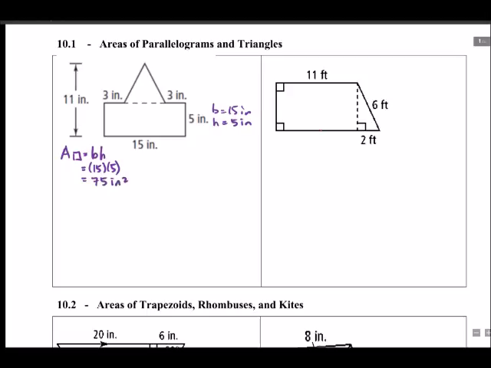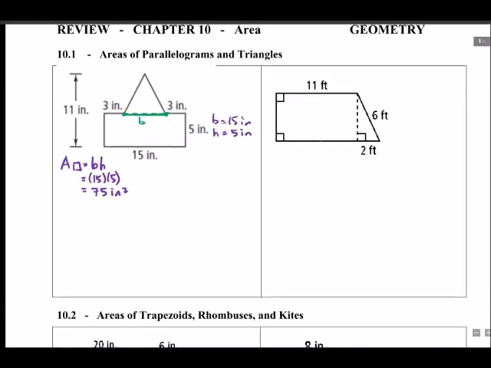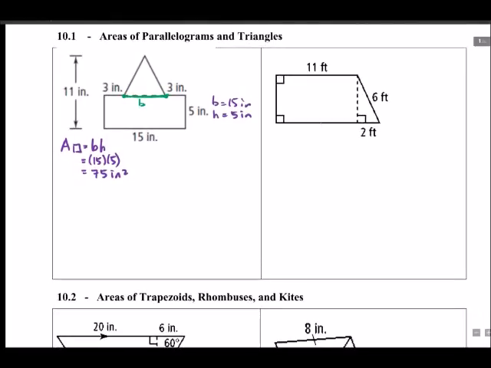Now let's take a look at our triangle here. The base of our triangle is right there, and so to find that base, we need to take the entire length, which is 15 inches, and subtract off these pieces on the side.